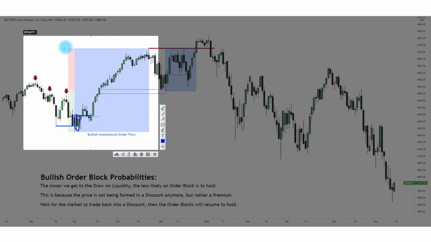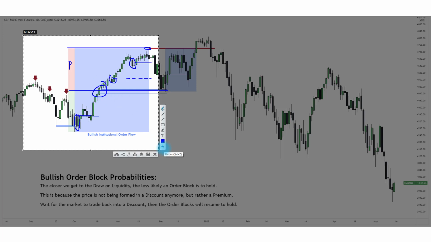Okay, so if we look here, this is where a high forms. This order block here, since it's in the premium to the left here, when price comes to test it, it doesn't hold. What about this one? When price comes to test it, does it hold? No, because we're still in the premium. But once we get down to fair market value, which is equilibrium, levels can start to hold again if it's bullish, and that's why you see this fair value gap here hold.